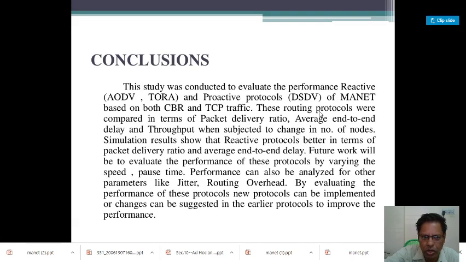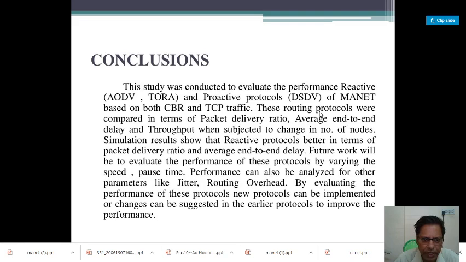These routing protocols were compared in terms of packet delivery ratio, average end-to-end delay and throughput when subjected to change in number of nodes. Simulation results show that reactive protocols are better in terms of packet delivery ratio and average end-to-end delay.